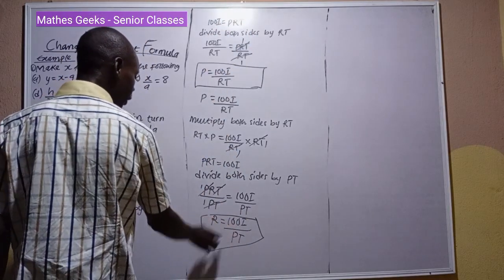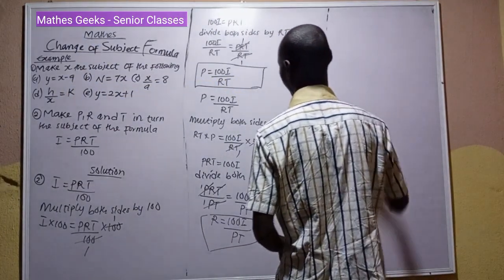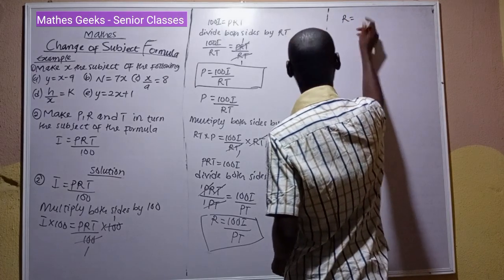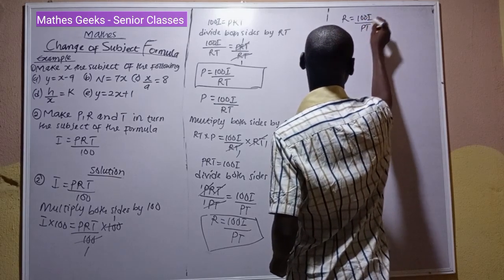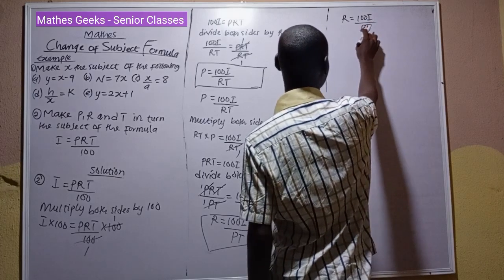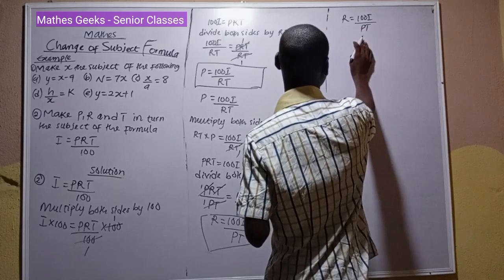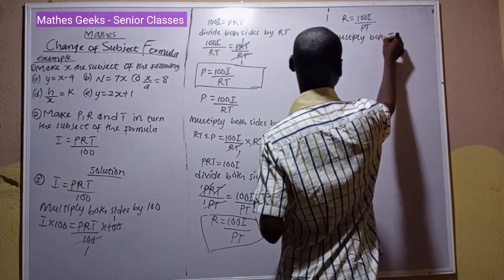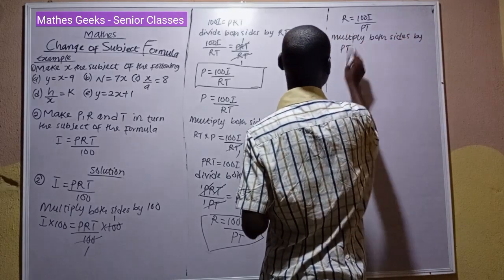But I want to make T the subject from here. Let me write it again. R equals 100I, 100 times interest, over P times T. Since what I want to make the subject is connected to 100I by division, I'm going to multiply both sides by PT.